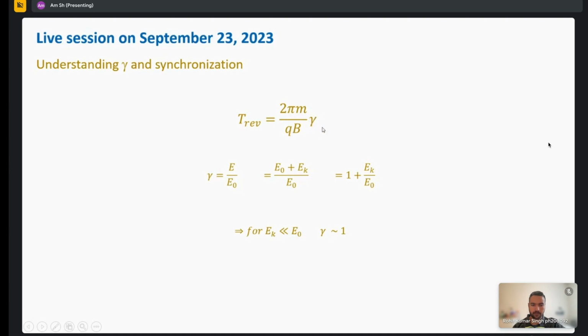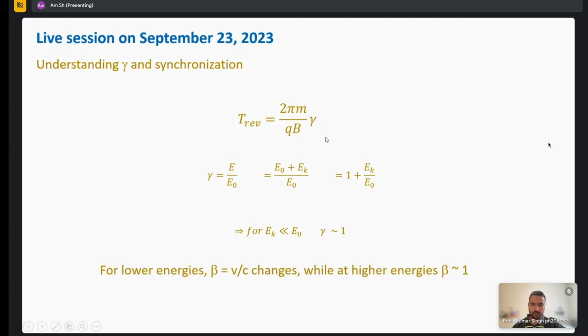So this change in gamma decides how we synchronize the machine for practically running it. When we are synchronizing a machine which works mainly in the non-relativistic regime, we take gamma as a constant and our T revolution becomes constant.